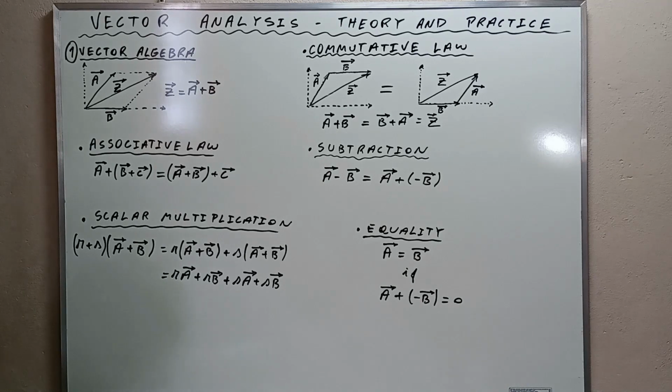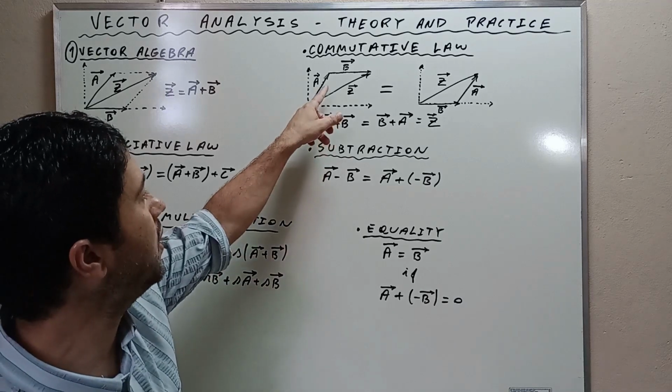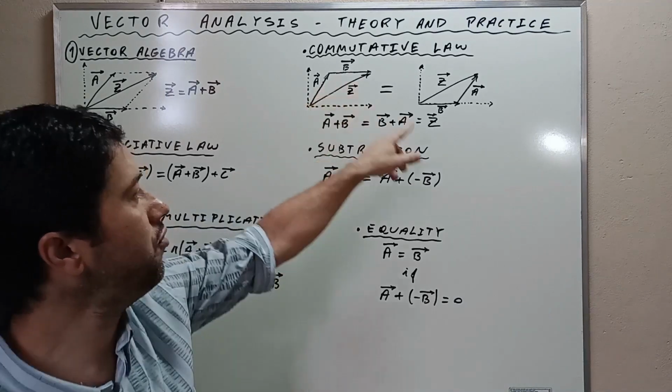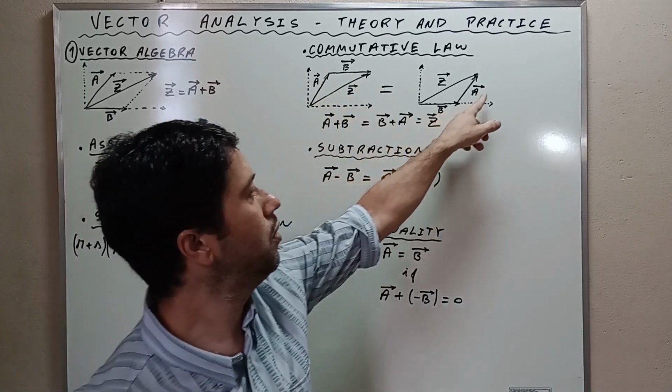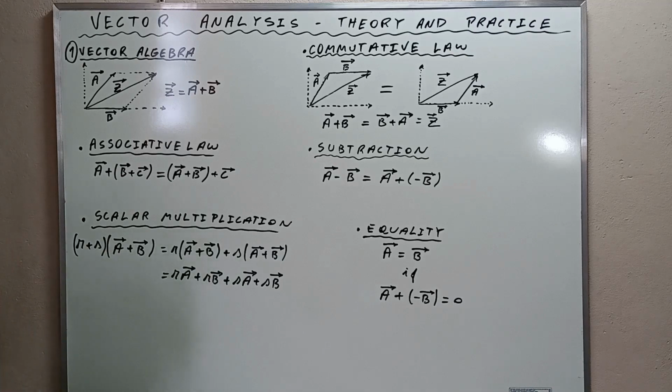We are going to specify vector addition when we analyze the Cartesian coordinate system. Let's pay attention to the commutative law. Observe that A plus B is equal to B plus A, and they both produce vector Z equally.